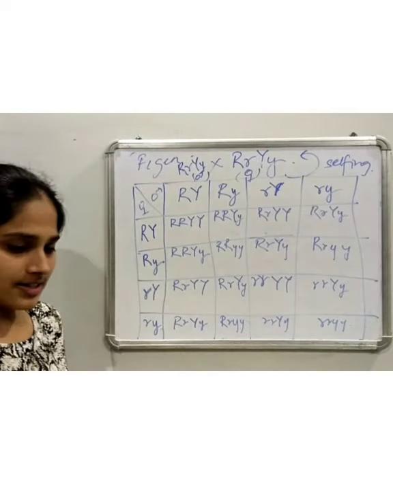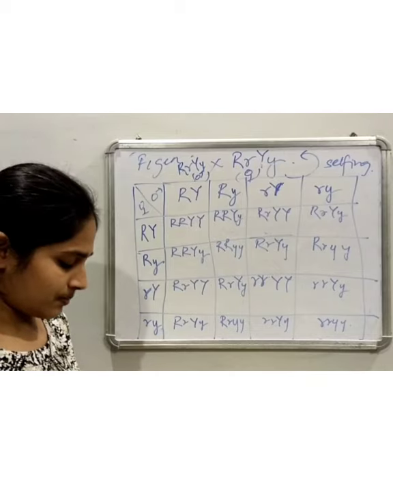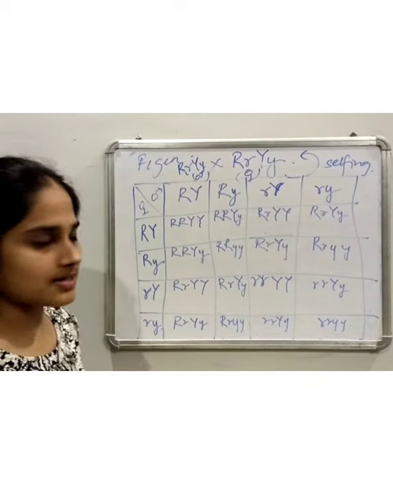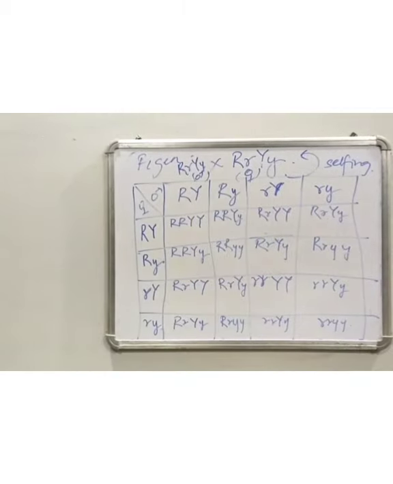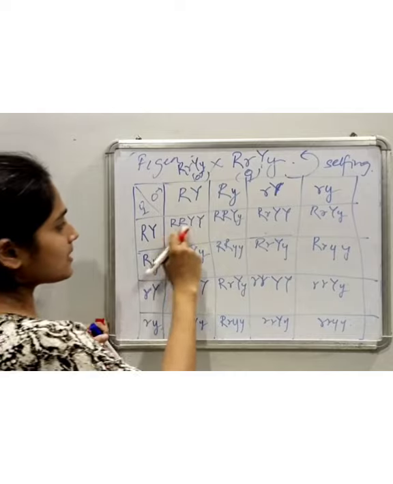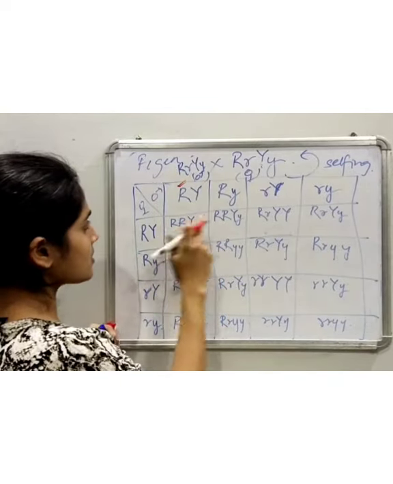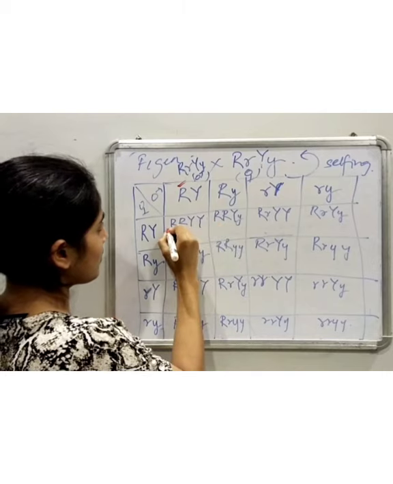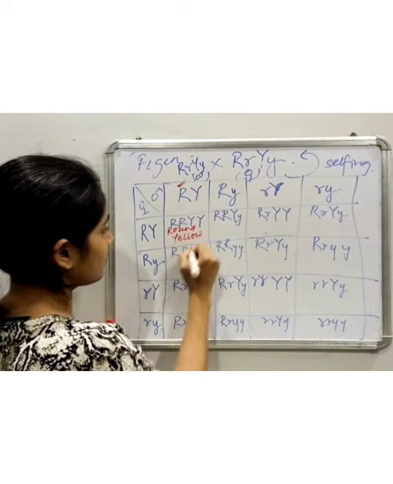Okay, now let's see, these are the various genotypes of the 16 plantlets that were obtained, and then we'll see the phenotype of each one. Always remember, capital is for dominant. So if this is like this, then we get round and yellow.